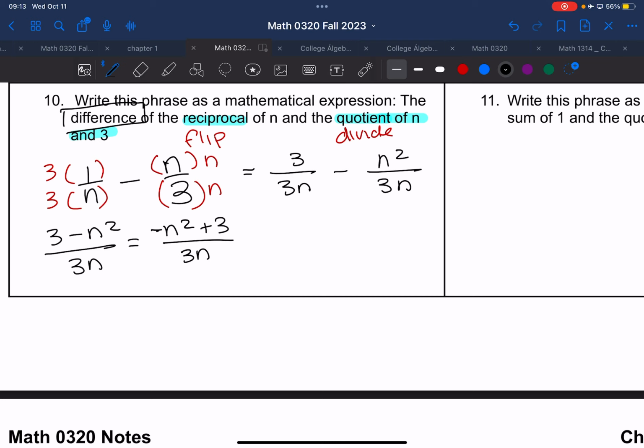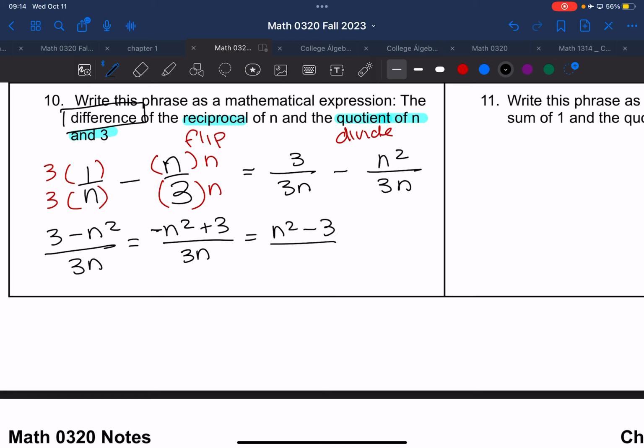And then I don't want the negative in the front, so what could I do to everything in the numerator to change those signs? Good, I could multiply everything by a negative 1, and I get n squared minus 3.